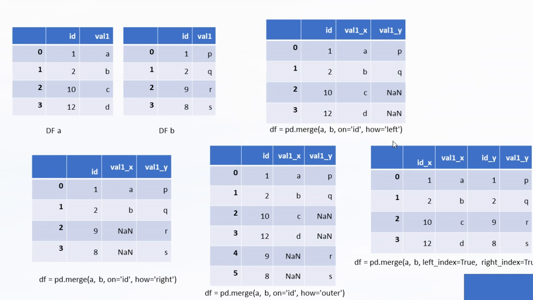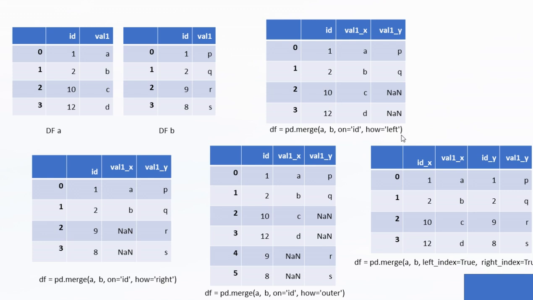That means I will have all the elements of data frame A plus the common elements of A and B. If I do merging using right, I will have all the elements of data frame B plus the common elements of A and B. If I do merging based upon outer, I will have all the elements of A and B.